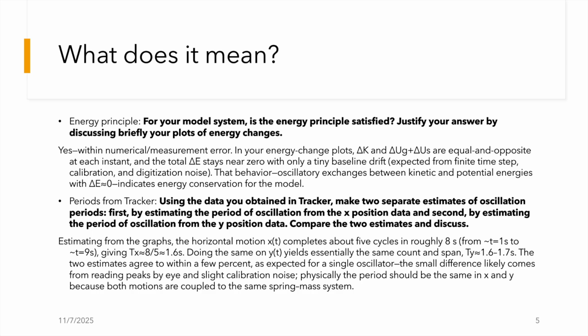Ty is near 1.6. The 2 estimates agree to within a few percent, as expected for a single oscillator. The small difference likely comes from reading peaks by eye and slight calibration noise. Physically, the period should be the same in x and y because both motions are coupled to the same spring mass.